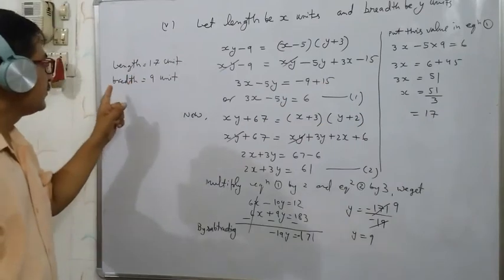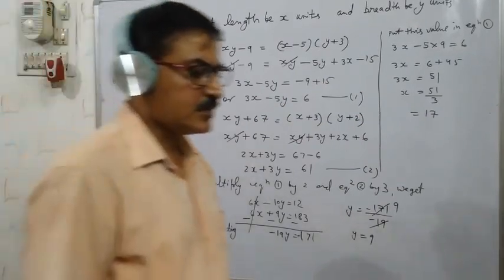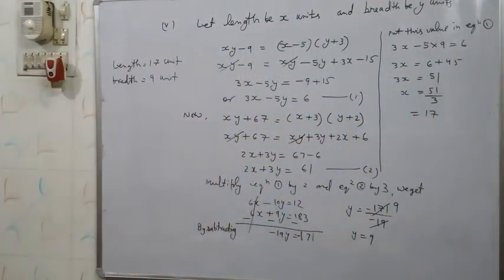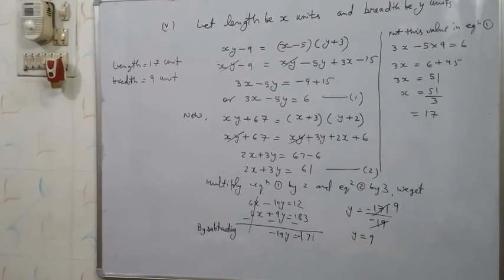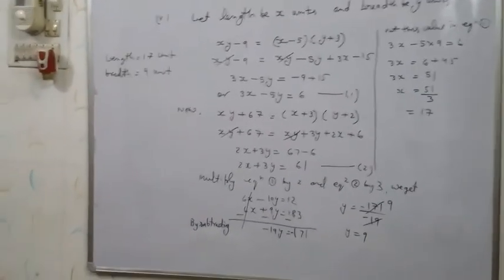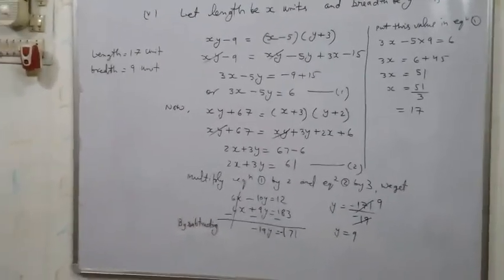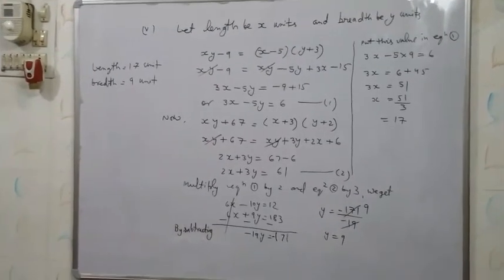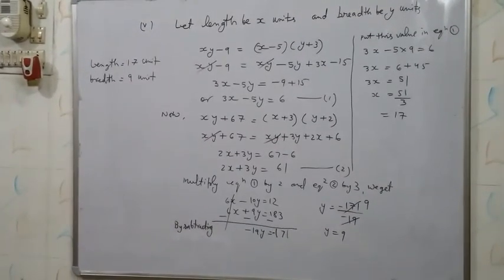So length is 17 unit and breadth is 9 unit. In this way you have to do. Okay, students.